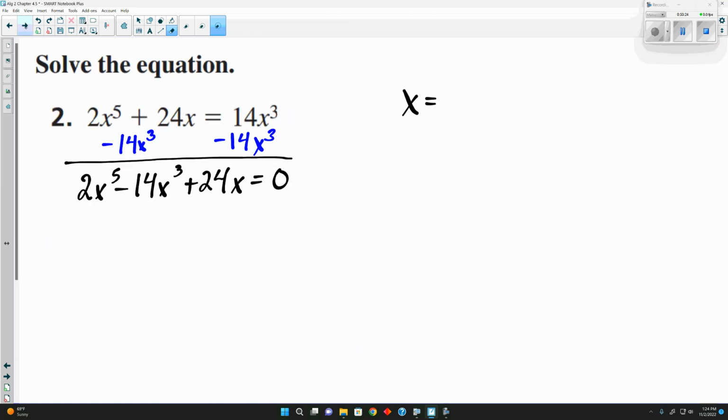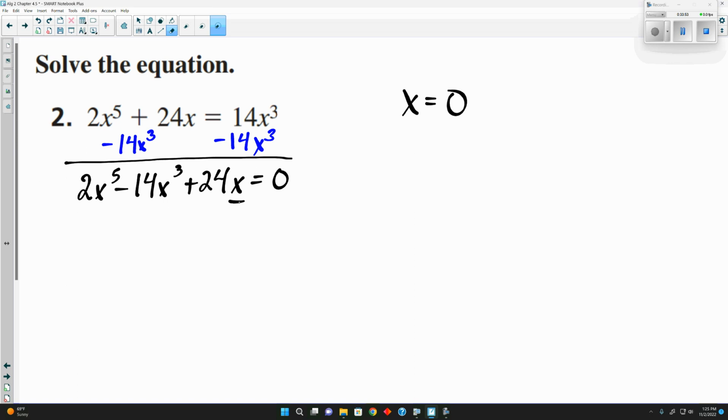So for this one here, one of the solutions has to be 0. And what's interesting, the number of zeros that we have at 0 will be the same as the degree of the variable with the smallest exponent. So here, the smallest exponent is x to the 1st, so we will have one 0. If it was squared, we would have 2 zeros at 0 because it will match up to it.